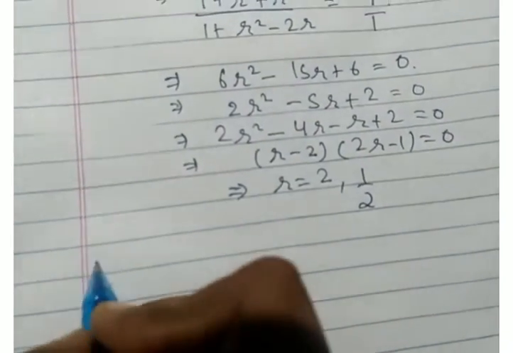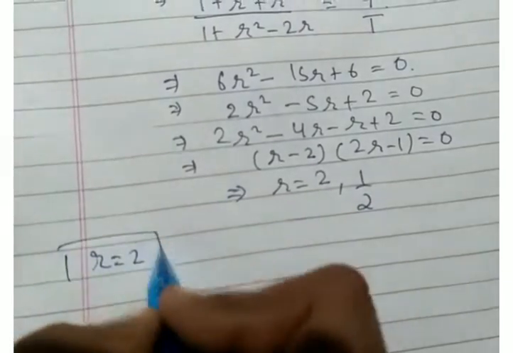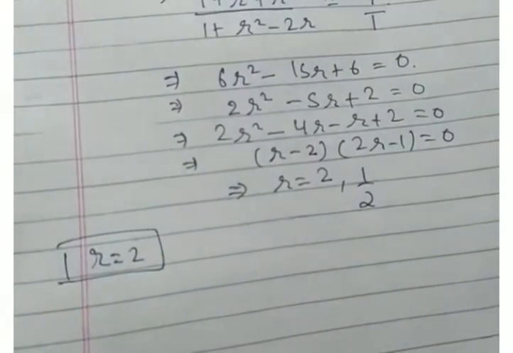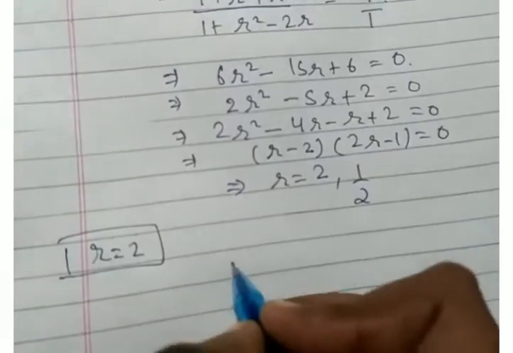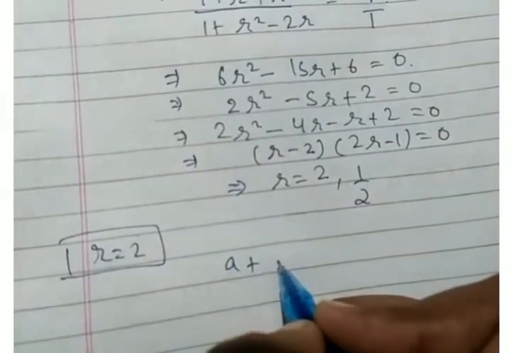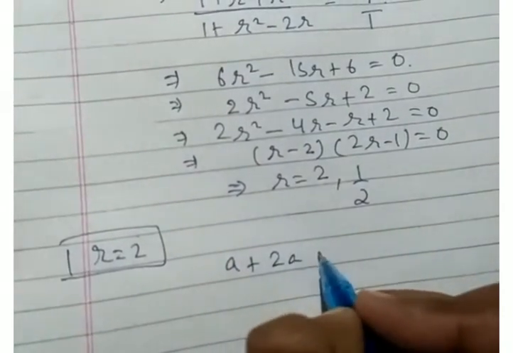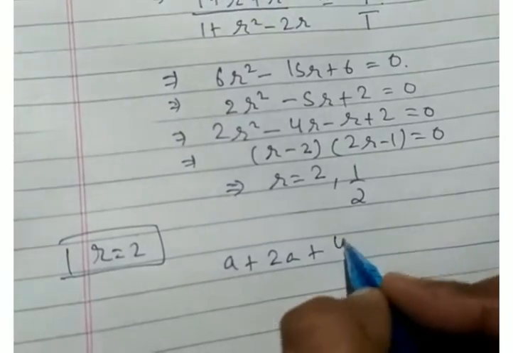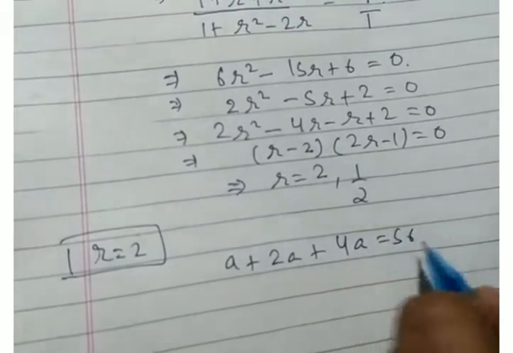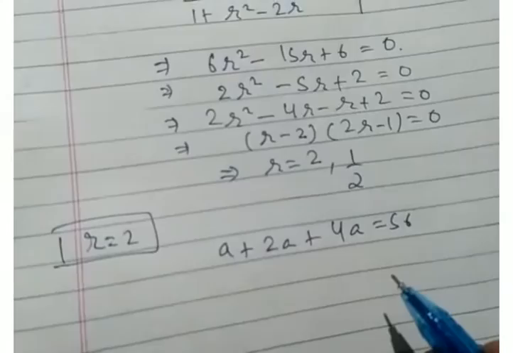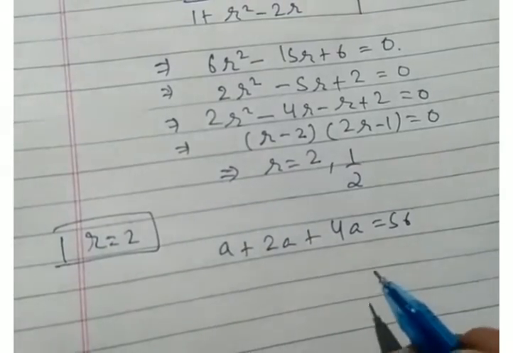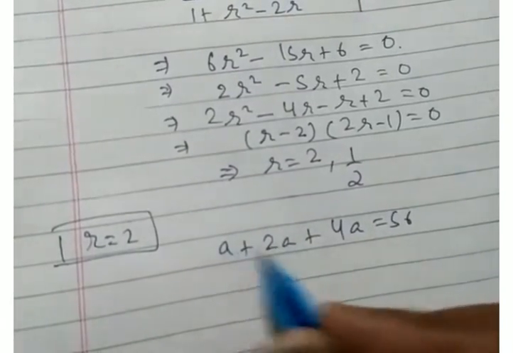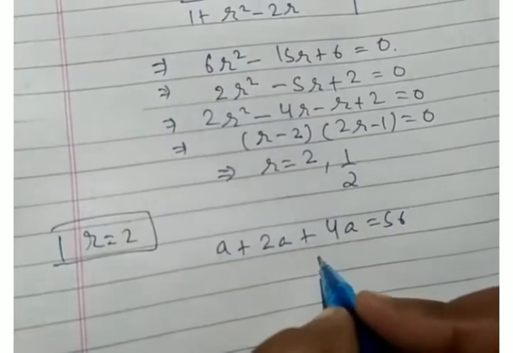Now let us take R equals 2. If R equals 2, then from equation 1 we have A plus 2A plus 4A equals 56. We can solve this and then we will get the value of A. 1 plus 2 plus 4 is 7, so 7A equals 56.